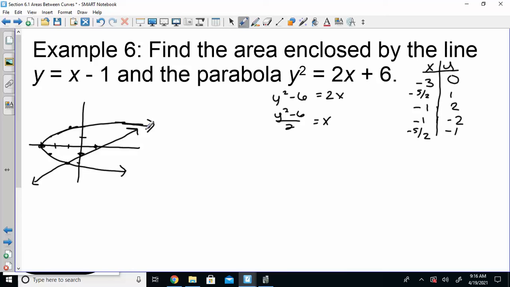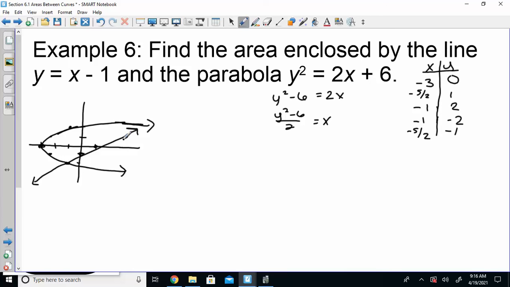But here's the issue. If I started over here at negative 3 and did my top curve minus the bottom curve, is there even an area contained between the curves then? No. And when I get over here to whatever this intersection is, then we've got all kinds of issues because there's some contained here and then some between the line and the bottom part of my parabola. So this one has all kinds of problems.